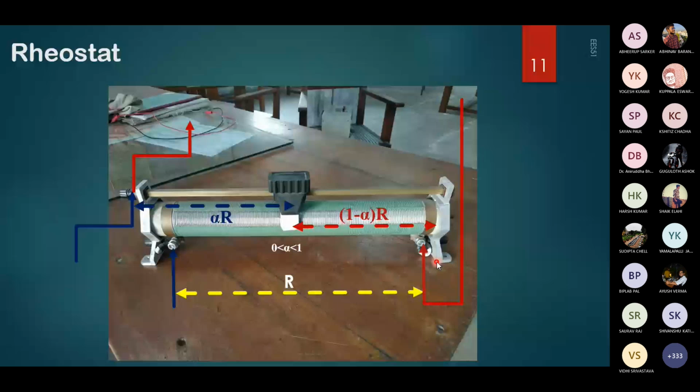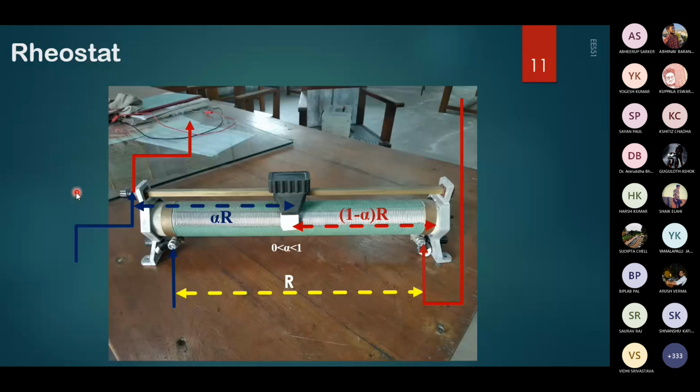Now we can get extra benefit from the rheostat. How? We can vary the resistance. Suppose it is a 30 ohm rheostat, but we don't want to have 30 ohm for our circuit. Suppose you want some fraction of that, suppose 10 ohm. And this is the variable terminal.